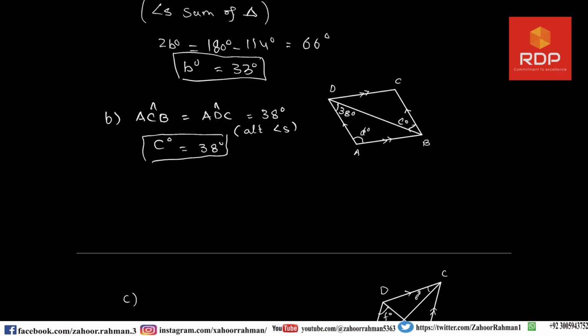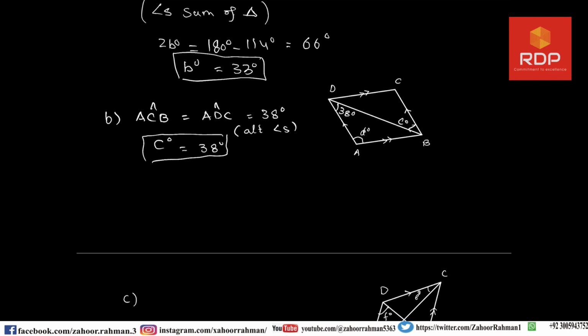Now it's the turn of D degree. For D degree we found this one, and we can find this one as well, because the diagonal is bisecting the interior angle. So if this is 38, then this will also be 38.